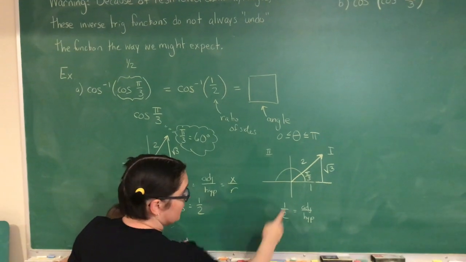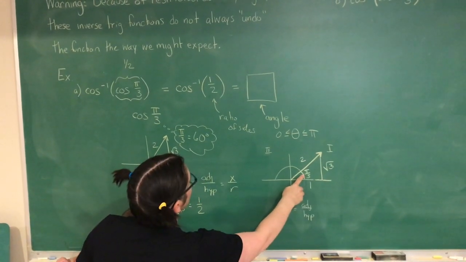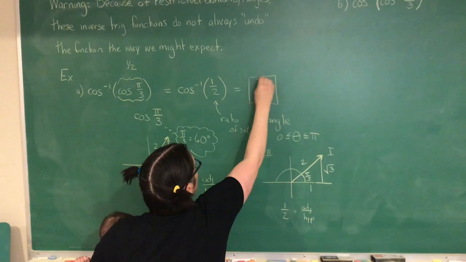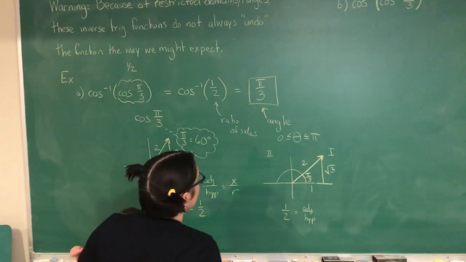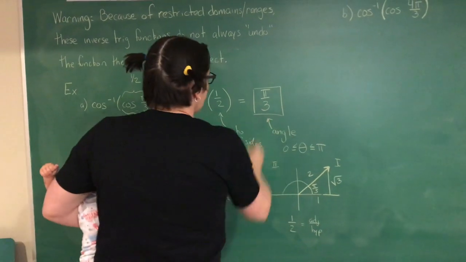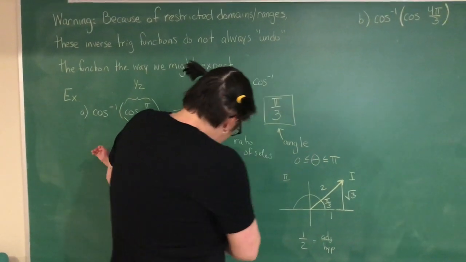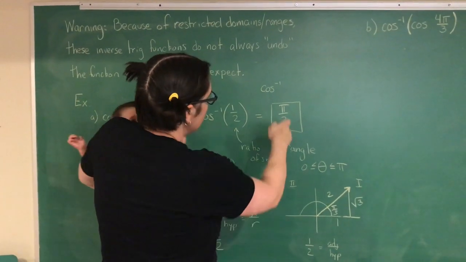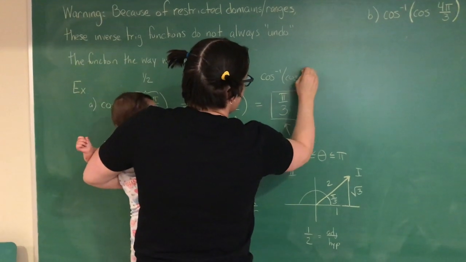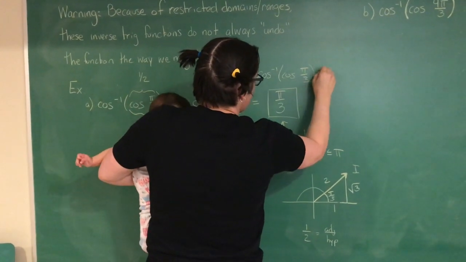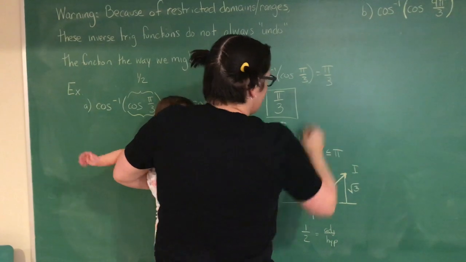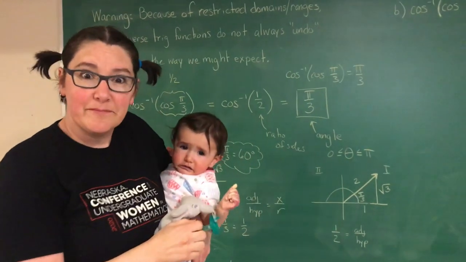So the angle that we're going to choose is pi over 3. So our final answer here is that inverse cosine of cosine of pi over 3 is pi over 3.